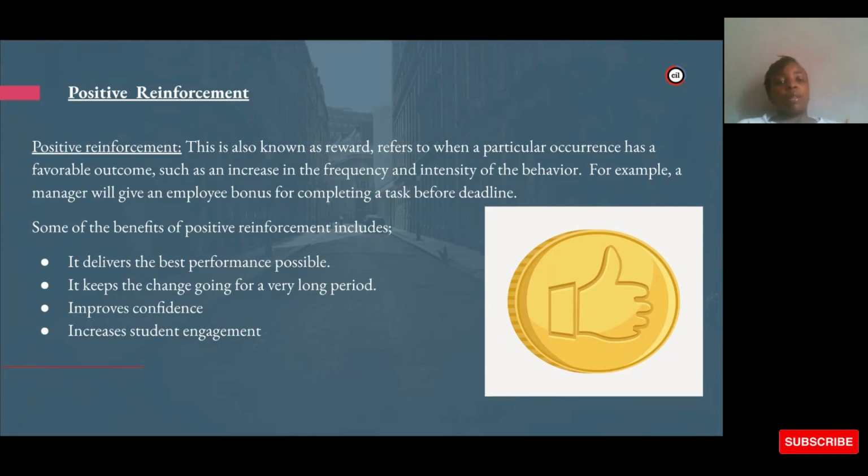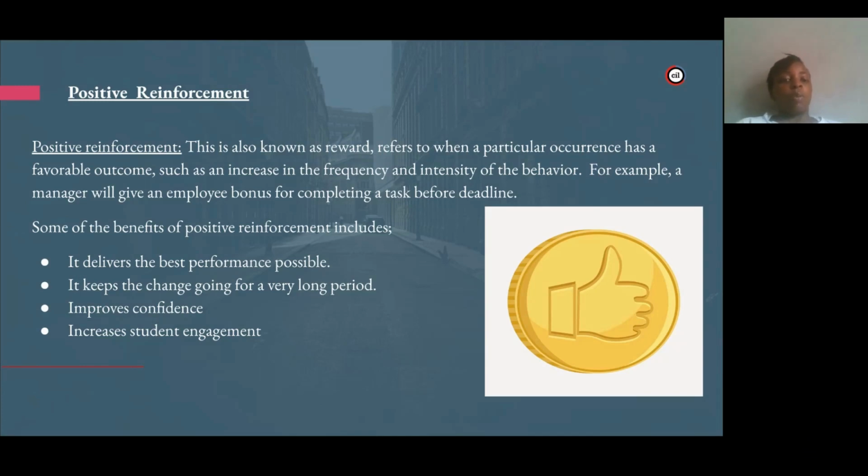So we should learn and we should move towards the positive reinforcement and try as much as possible to stay away from negative reinforcement. You know that you're supposed to get up at a particular time. You have an alarm set for 4:30, and when your alarm comes up, you snooze to maybe 10 minutes later, you keep snoozing. That is a negative reinforcement, because you know by 4:30 you already have something you're supposed to do.